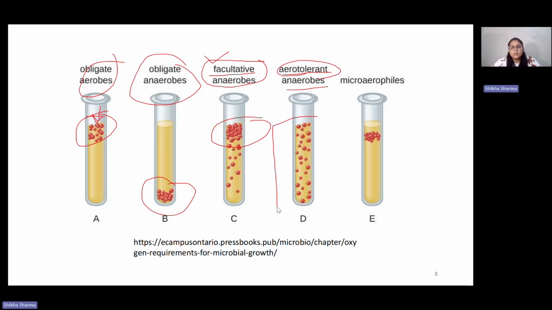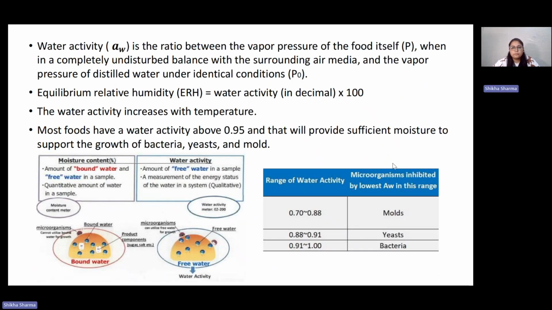So they will be growing in the whole media. They don't want oxygen, but if oxygen is provided, they will tolerate that. And then microaerophiles are the ones which need a little amount of oxygen to grow. So they grow a little below the surface, so that they can get a smaller amount of oxygen.